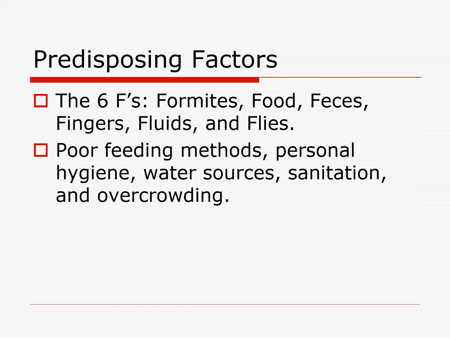The predisposing factors include poor feeding methods such as use of dirty feeding bottles for infants, eating undercooked and improperly prepared foods, poor personal hygiene, especially hand hygiene, poor sources, treatment and storage of drinking water, as well as poor sanitation such as lack of rubbish pits or dumping sites, broken sewerage lines, as well as overcrowding. So these are some of the predisposing factors.